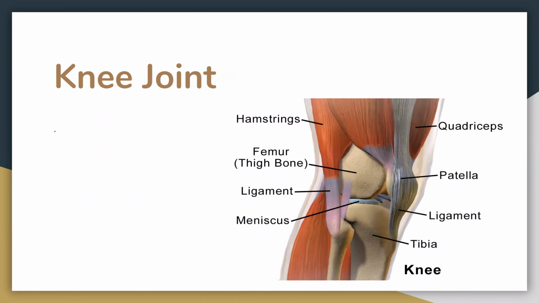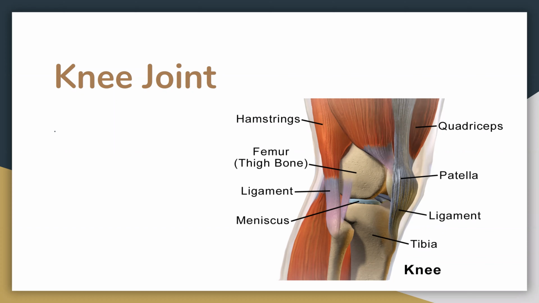So let's look at a close-up of the knee joint right here, and you can see how it all works together. You have your ligament, which is that bluish gray fibrous tissue that you see there. You have the meniscus, which provides a buffer between the two joints. You have the tendons of the muscle that hold that muscle together with the bone.